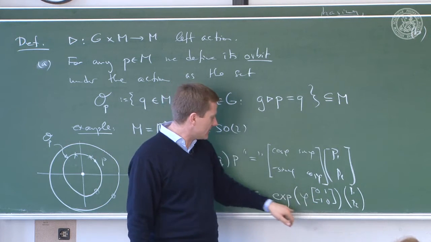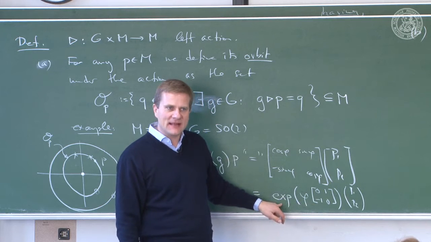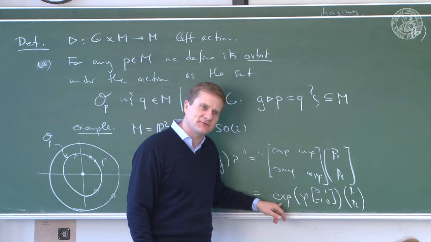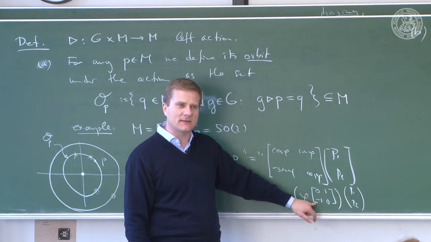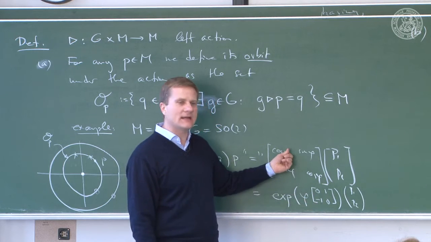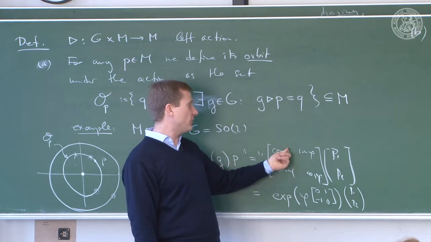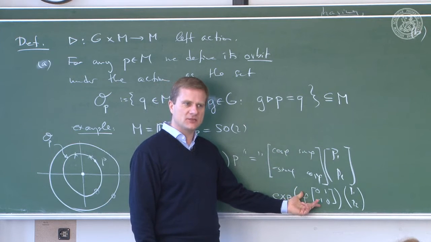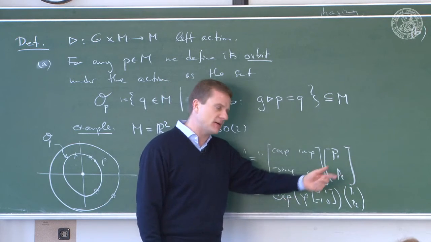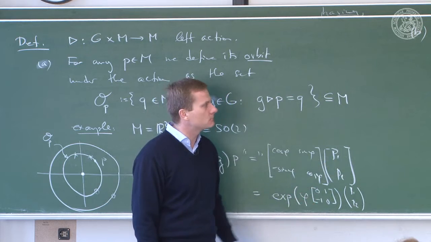Because it's compact and we use the exponential map, it cannot be injective. That means we hit the same point several times. And that's what you're saying. You can plug in phi equals 0, and then for phi equals 2 pi, you hit the same transformation again. And for 4 pi and for 6 pi and so on, you hit it again and again.